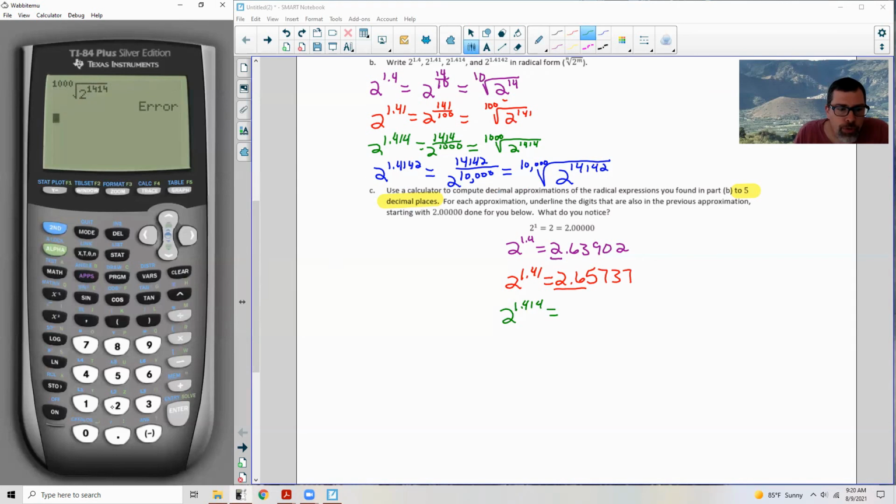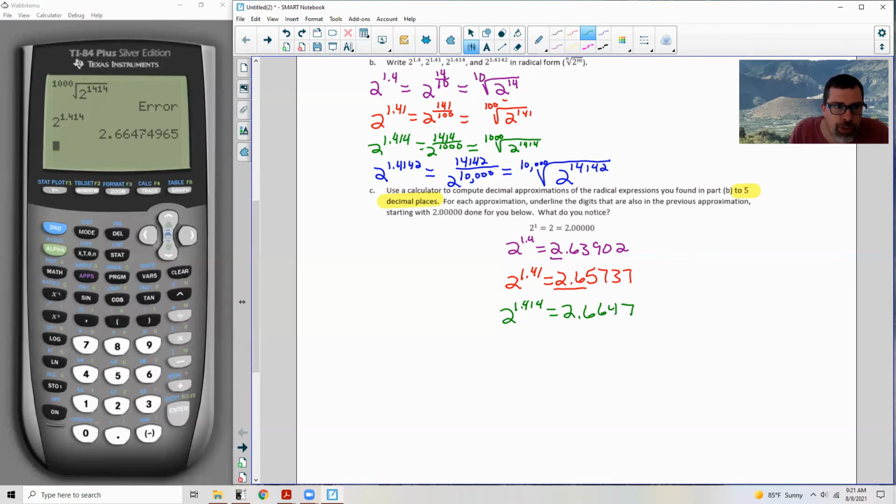All right, let me try something else. Let me do 2 to the 1.414, see what happens. Okay, so the TI cannot handle it in radical form, so I have to put in the decimal form. And that came out to be 2.6647.